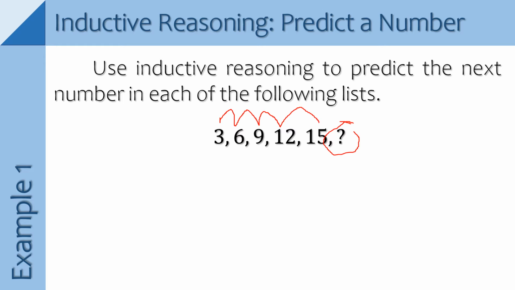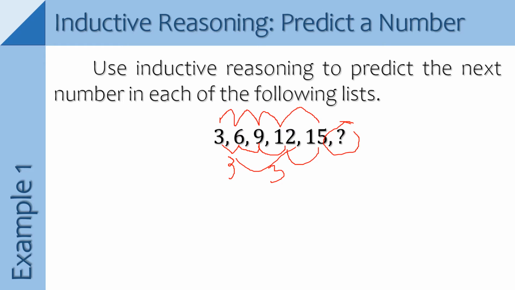What other observation? We get the difference of 6 minus 3, which is 3. The same with 9 minus 6, 12 minus 9, and 15 minus 12. So they all have the common difference of 3.